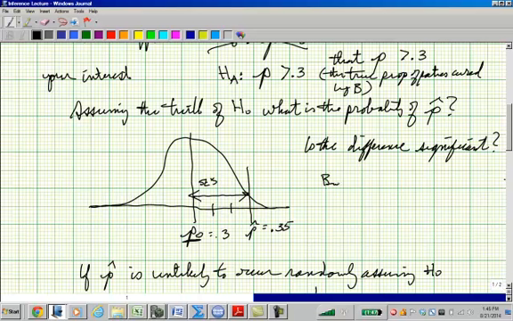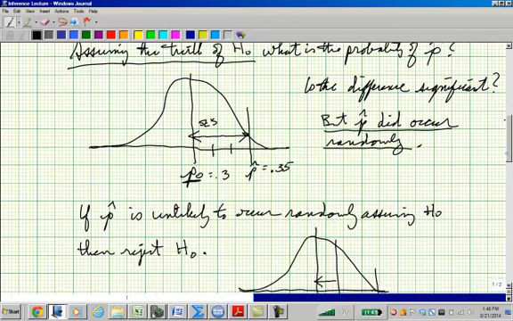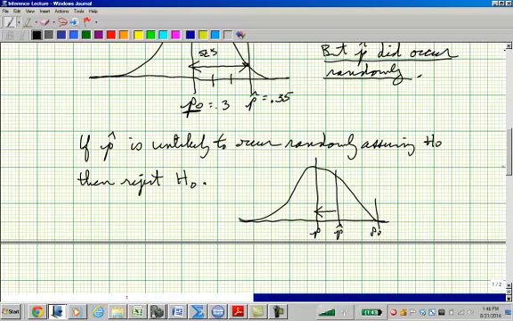But p hat did occur randomly. Why? You randomly selected it. So what does that mean? That means if this probability is low enough, if it's 0.05 or lower, then we can no longer assume the truth of H sub 0. If p hat is unlikely to occur randomly, assuming H sub 0, then reject H sub 0.